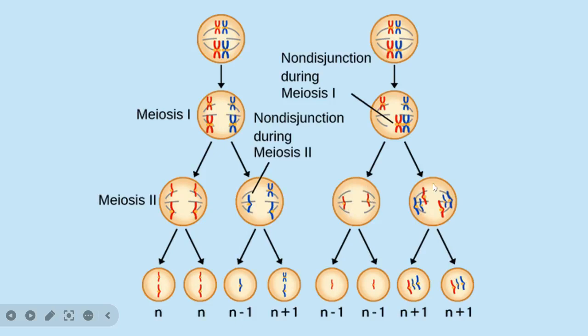Pero dito, since non-disjunction happens, meron tayong 6 chromosomes dito. Then, after the meiosis II, isang chromosome lang po for each haploid daughter cell, pero dito is tatlo po. So yan, non-disjunction can happen either on meiosis I or meiosis II, but particularly in anaphase po.